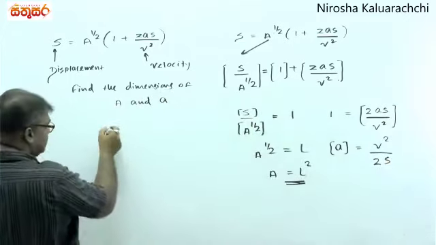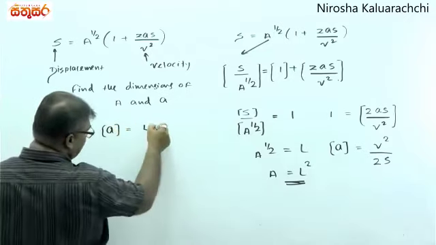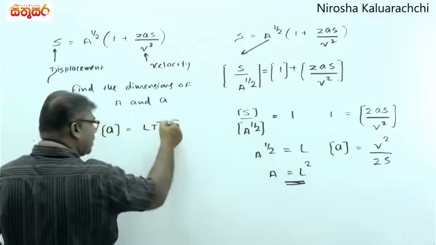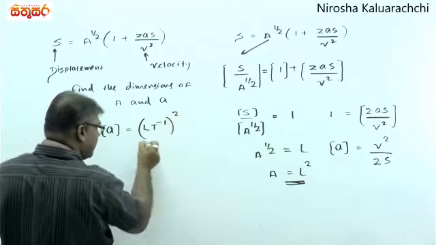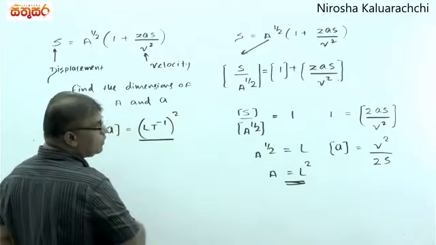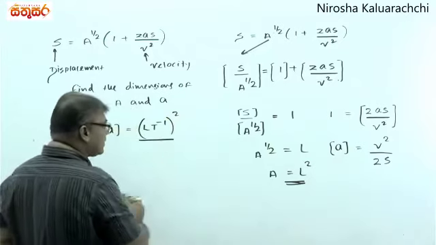The dimension of v squared is LT minus 1 to the power of 2, divided by 2s. 2 is a numerical value and doesn't have a dimension.